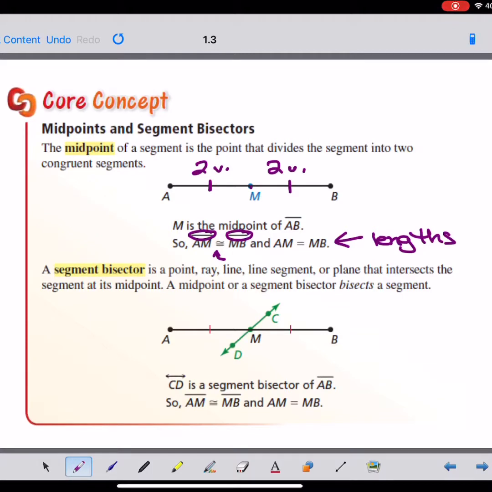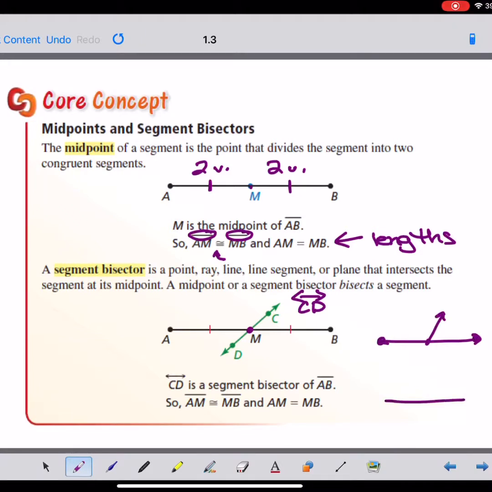You can also have a segment bisector. A segment bisector goes through the midpoint. It can be a line, like line CD in this example. It can be a ray that cuts through the midpoint.